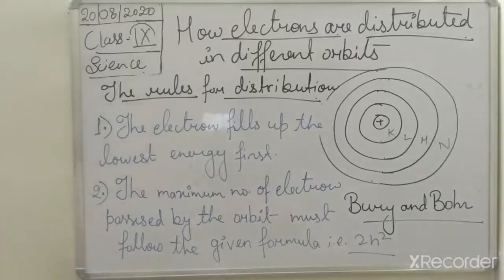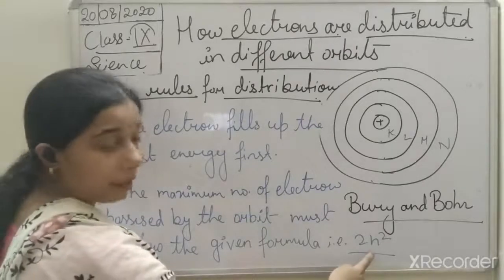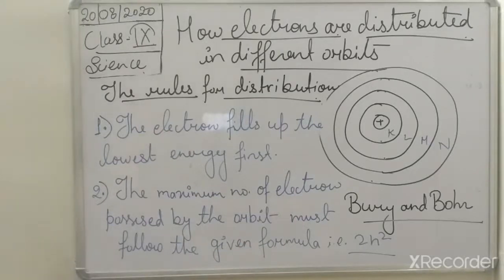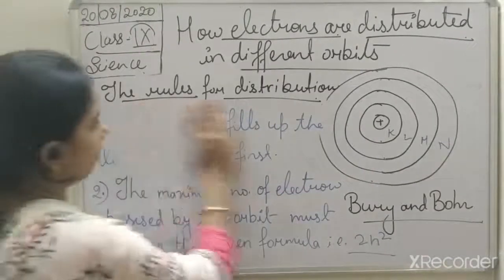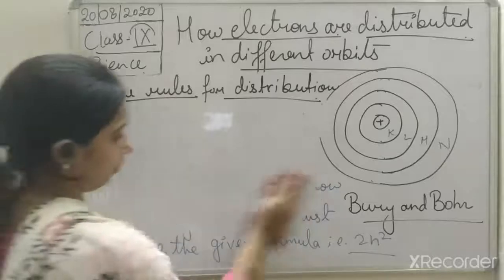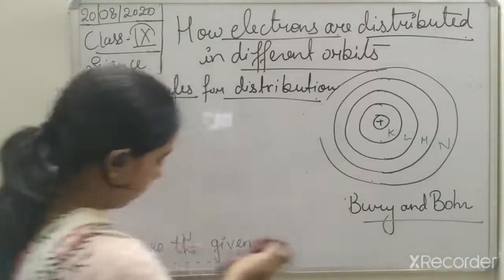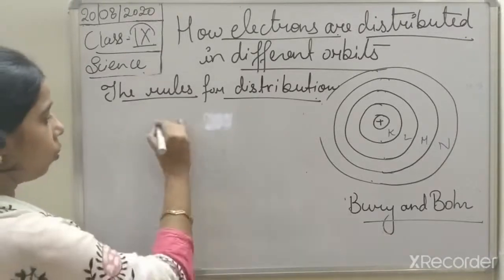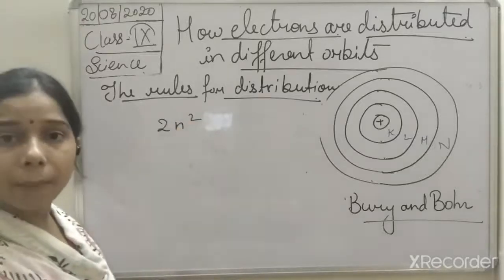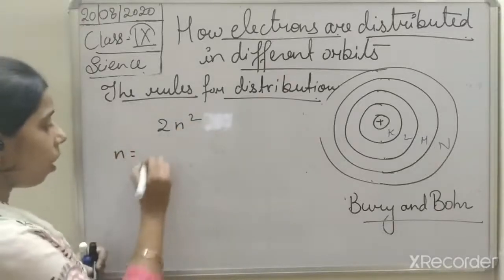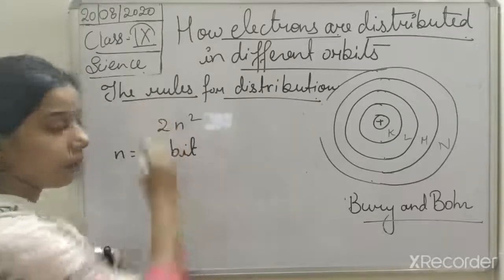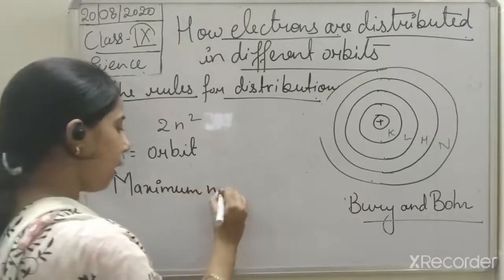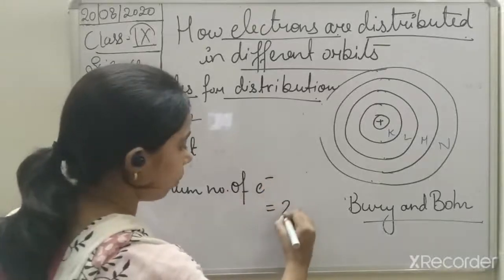What is the 2n square, students? Here n is the shell, the orbit: first shell, second shell, third shell or fourth shell. So the formula is: maximum number of electrons equals 2n square.